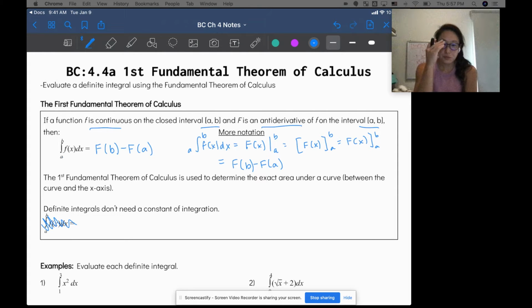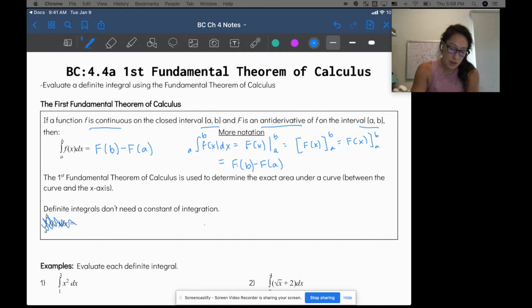So the definite integral gives us F of b minus F of a. I think of F as the original function. So it's the difference, or the change in y values, of the original function.